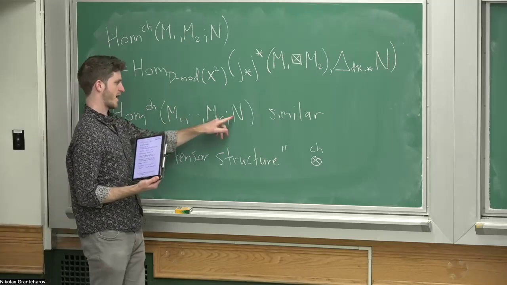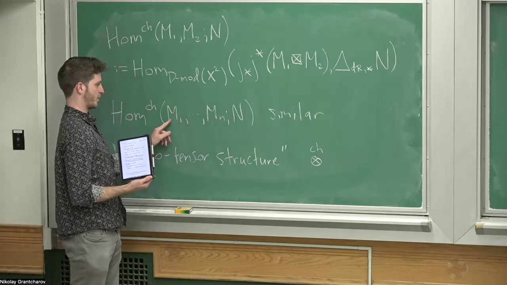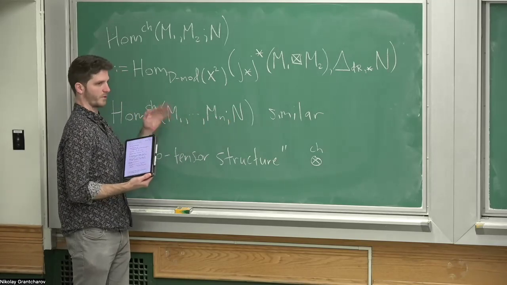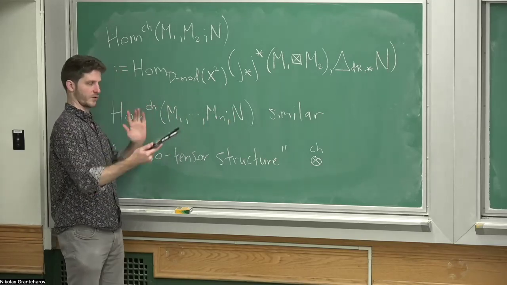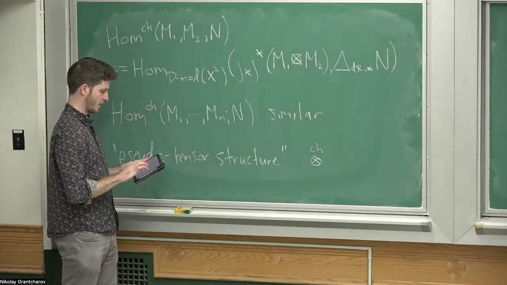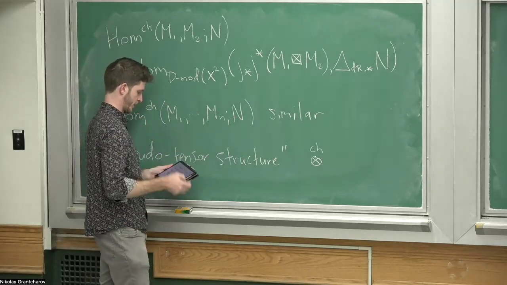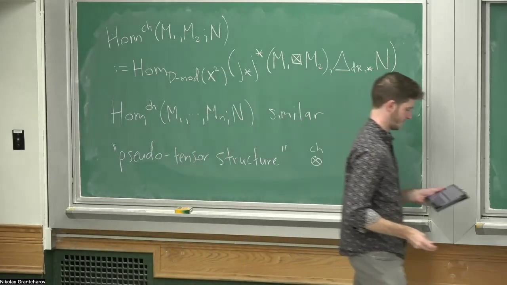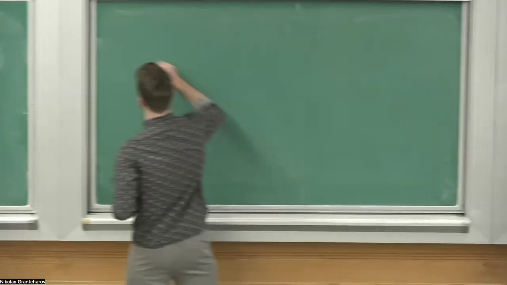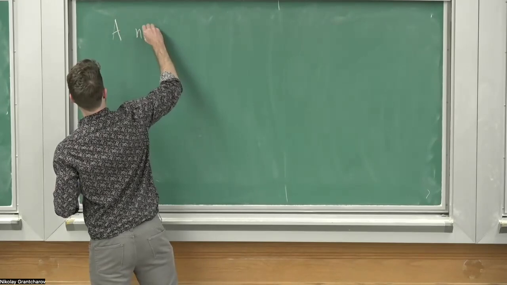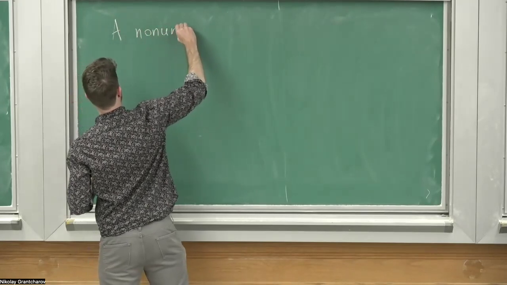If I have an n-ary operation, and then operations valued in M1 through Mn with their own arities, I can compose those to get another operation valued in N. So this allows us to define chiral algebras, or more specifically, non-unital chiral algebras.